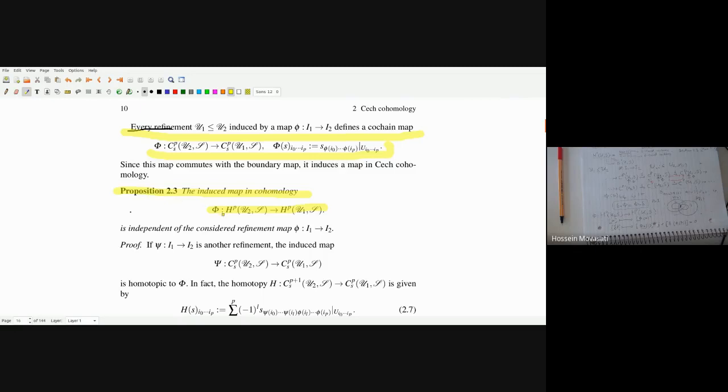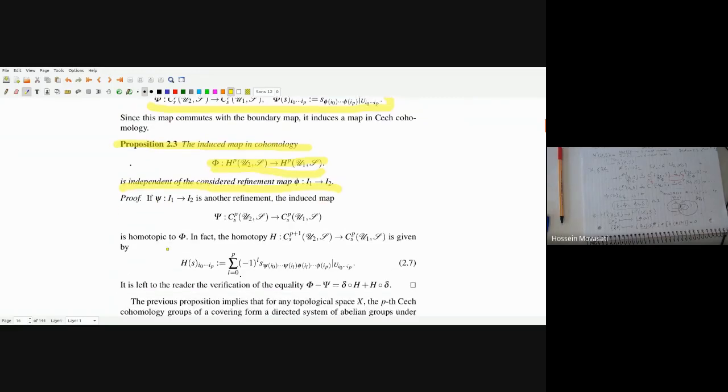So we want to prove that these induced maps are independent of the refinement. This means that it doesn't matter how I choose the map from I1 to I2. If I have a covering, let's say U1, U2, I know that any open set of U1 is inside some open set of U2, and there might be many open sets of U2 that I can choose.